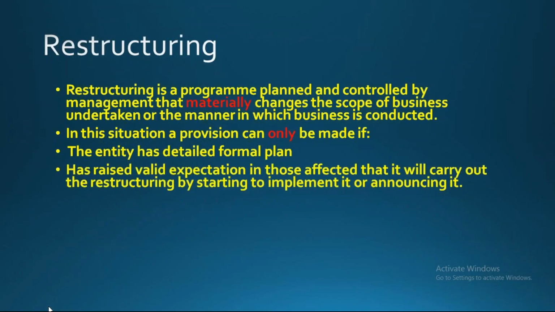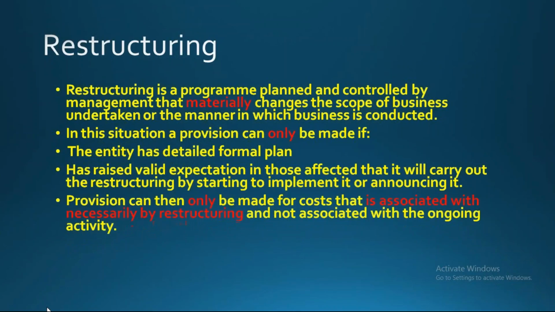And there is a valid expectation in those affected that it will carry out the restructuring program by announcing it. That's another condition. Then provision can be made only for the cost that is associated with the necessary restructuring and not associated with the ongoing activity. So you will have the ongoing activity, you will have the restructured activity. You can only make a provision for the restructured activity.